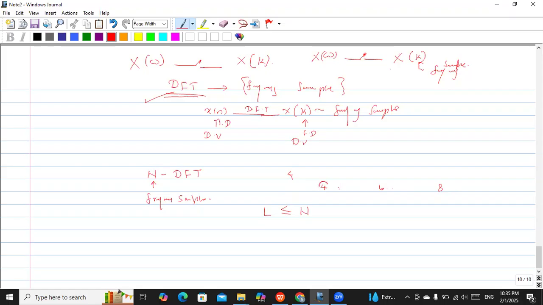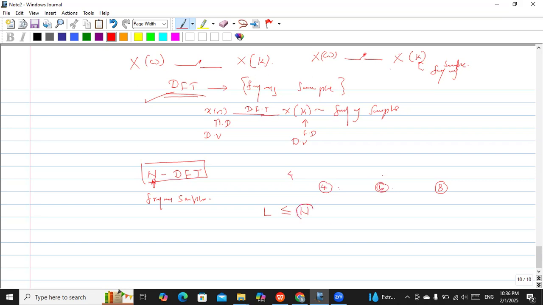A 4-point DFT means you are getting 4 frequency samples. A 6-point DFT means you are getting 6 frequency samples. An 8-point DFT means you are getting 8 frequency samples. So we normally refer to this as n-point DFT, meaning this n refers to the frequency samples.